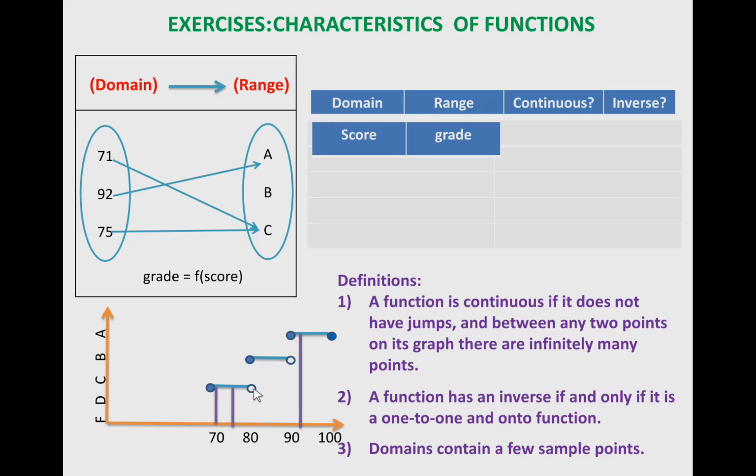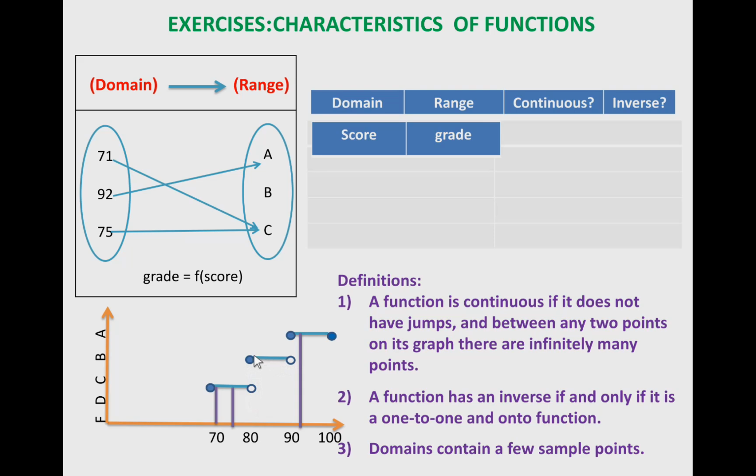Why did we pick an open interval to the right for 70 to 80 and 80 to 90? Because if we made it a closed interval, then we would annul the fact that this is a function. Why? Because we would have a vertical line test failure. The function would not be defined as C when x is equal to 80; it's not defined for C, it's defined for B. And likewise at 90.